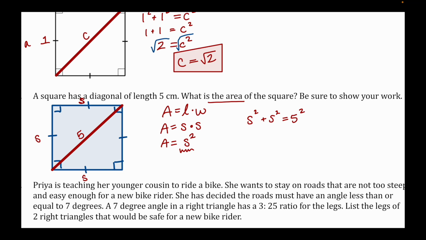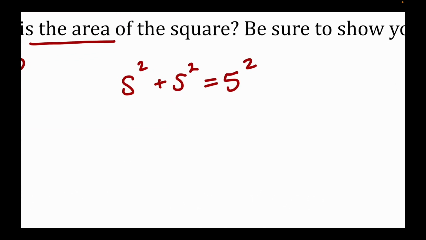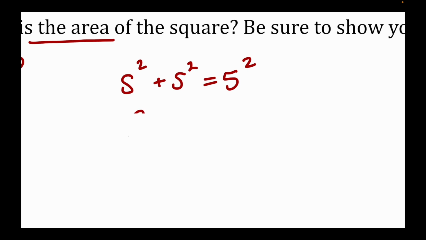Now, I can't do anything with my s squareds here. I can't actually square them because I don't know what the numbers are, but they are like terms. So I can actually add these together and say this is 2s squared, and that is equal to, and I can square the 5, and this becomes 25. So you'll remember, I am not solving for just s.